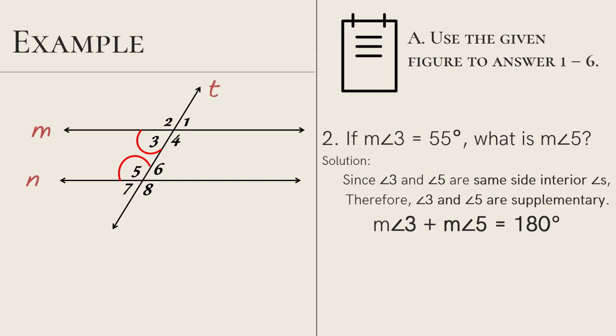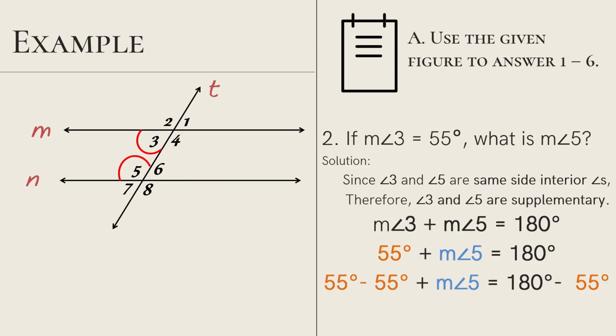The measure of angle 3 is given, which is equal to 55 degrees. So we just have to substitute the measure of angle 3 into our equation. We have 55 degrees plus the measure of angle 5 is equal to 180 degrees. Next, we have to isolate the measure of angle 5.